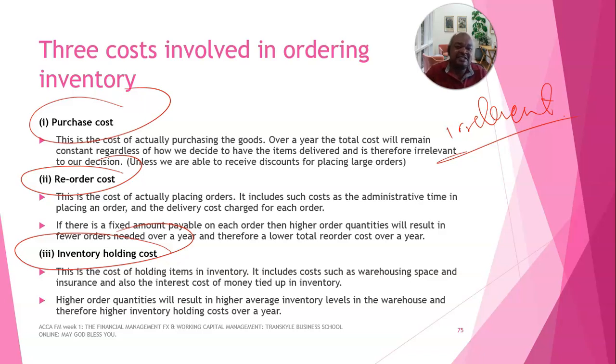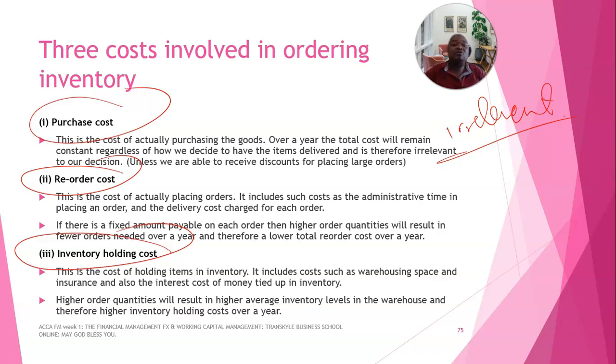Why? Because there is a fixed charge. Whether you buy 30 tons, you're going to pay $1,000. If you buy 10 kgs of the material, you're going to pay $1,000. So it is advisable to reduce the number of orders, but to increase the quantities.